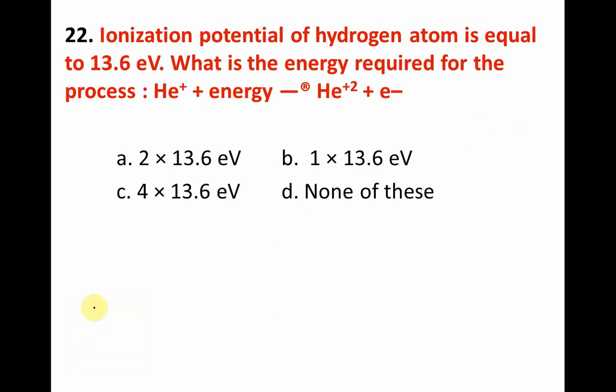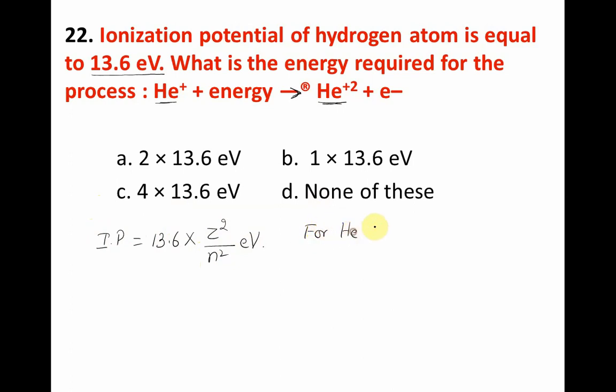Solve it. Ionization potential of hydrogen atom is equal to 13.6 electron volt. What is the energy required for the process of He plus ion to He2 plus? So here ionization potential is always equal to 13.6 into Z square by n square electron volt for any atom.